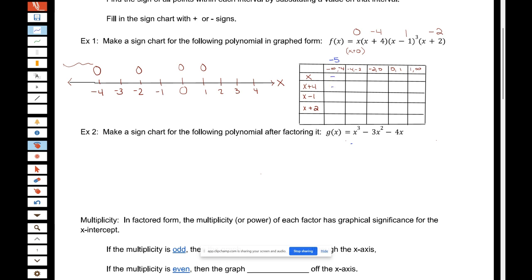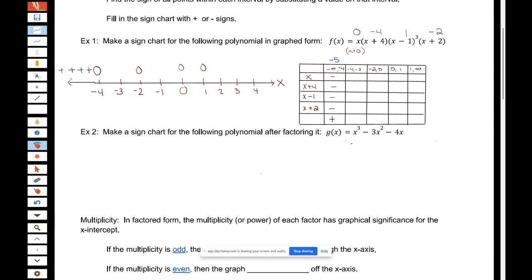Negative 5 plus 4 would be negative 1, so negative. Negative 5 minus 1 would be negative. Negative 5 plus 2 would be negative. If I multiply a negative times a negative times a negative times a negative, all those negatives multiply to become a positive value. So the y value would be positive, which would mean the graph would be above the x-axis.